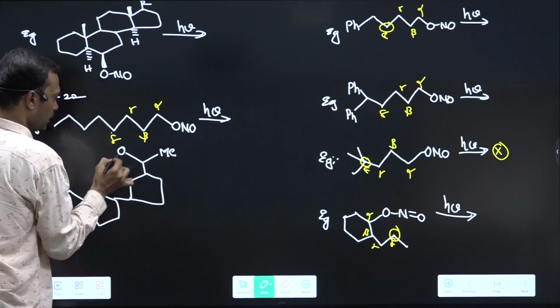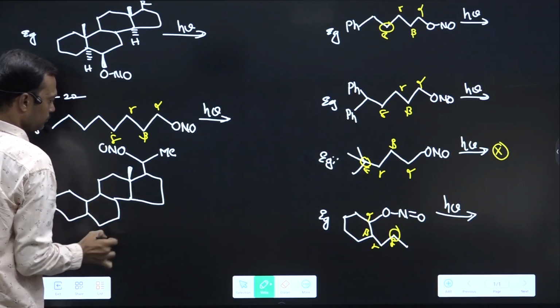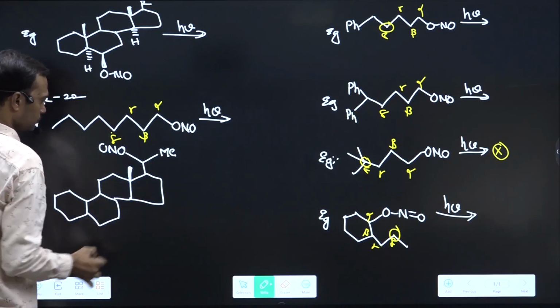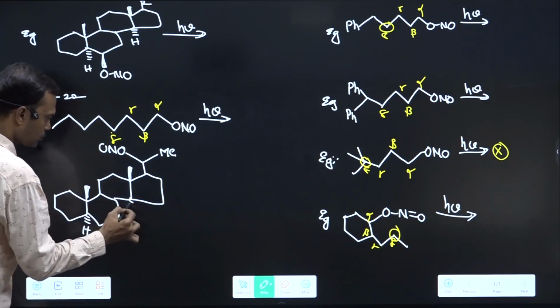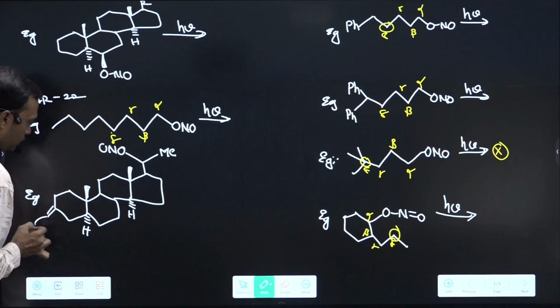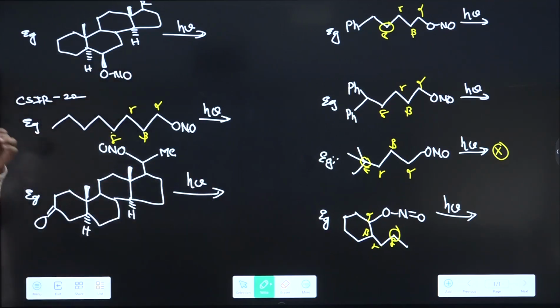This is methyl and here ONO. Here hydrogen, C double bond. What is the answer?